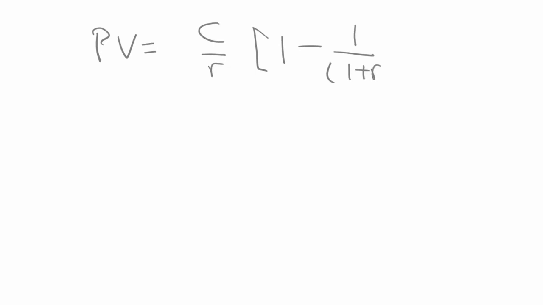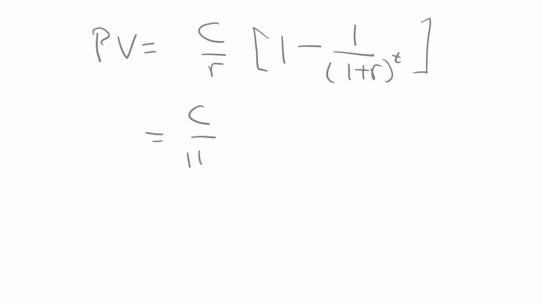So something very interesting happens to an annuity when T goes to infinity. Remember the formula for the annuity. It looks like this. Remember what lies behind the formula?